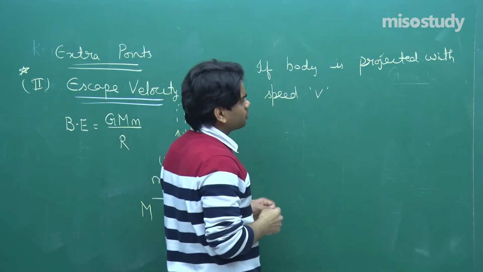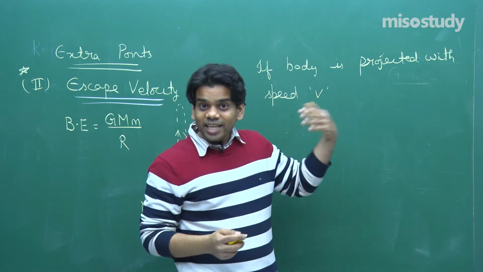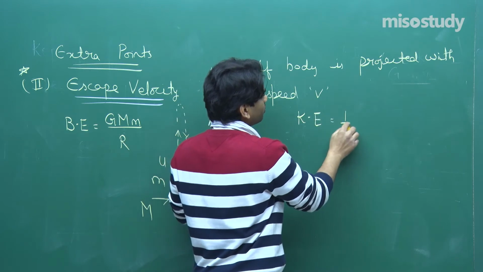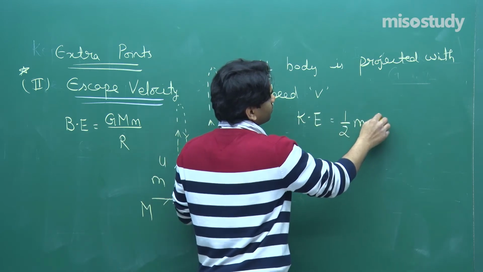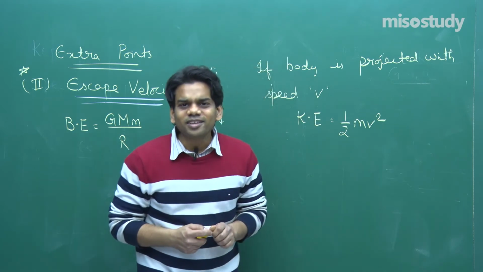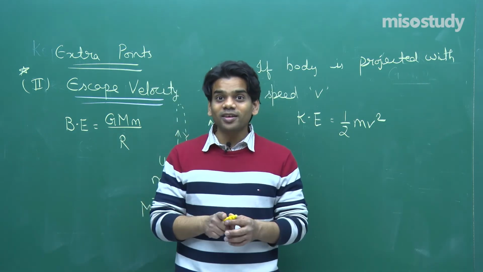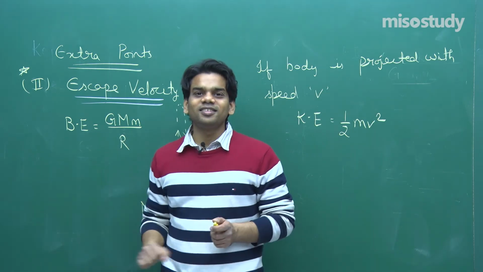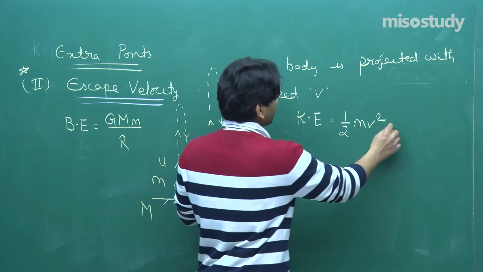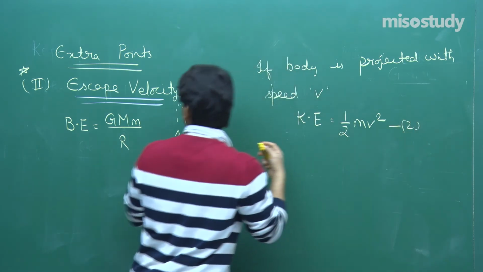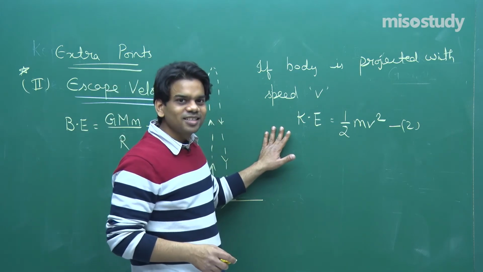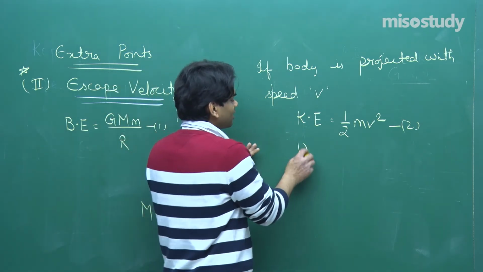Then the kinetic energy of the body will be half m v square. This is what we know. If the energy you give the body becomes equal to the binding energy, the body is going to escape from the Earth's surface. So equating the two, let me call this equation number 2 and this equation number 1. If you provide such kinetic energy that it equals the binding energy, then 1 will be equal to 2.